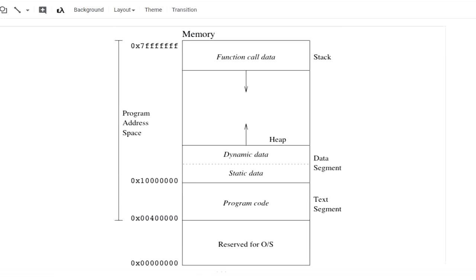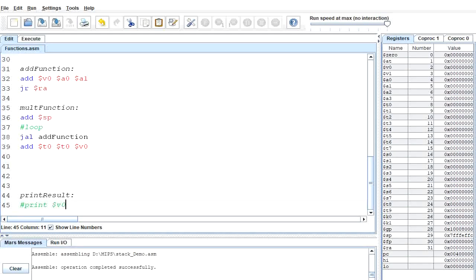I think I said FFF. Yeah, FFF. So it's actually not pointing to the very end in the simulator. It's pointing to EFFC. It's pointing a little bit lower, not quite at the end. But that's not going to affect us. Even though it's not pointing to the end, we're going to think of it as being the end.